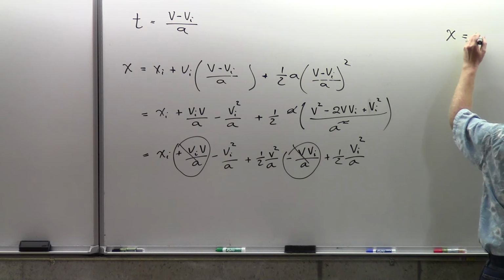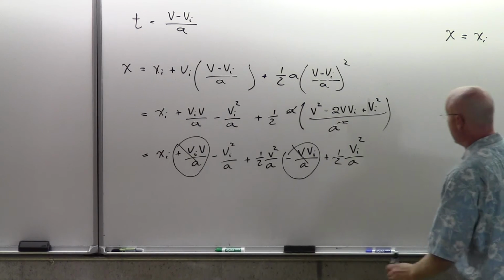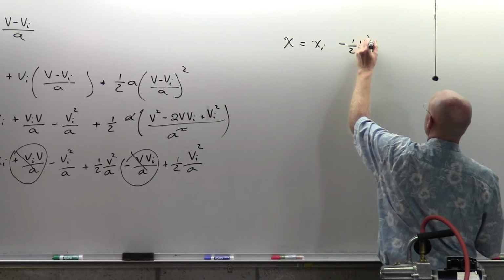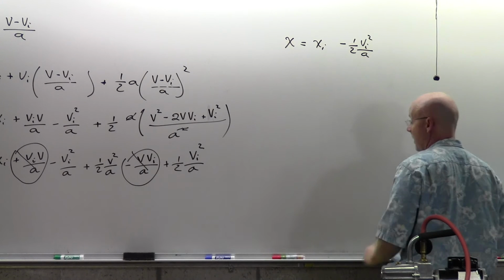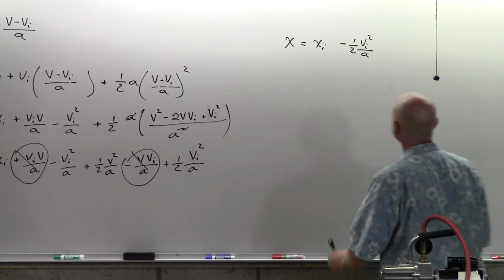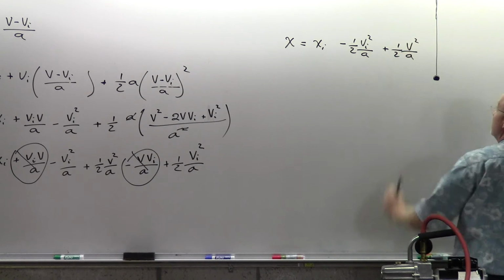So they don't cancel off, but it does come out to be a -1/2 initial speed squared over a when I put those two together. And then I can put the final speed squared over a.